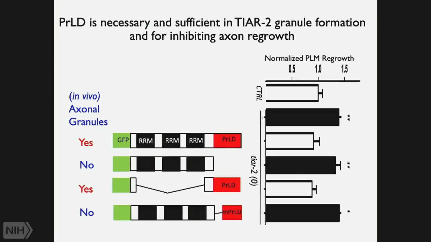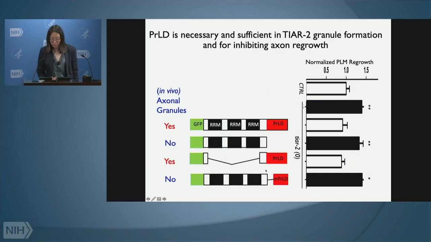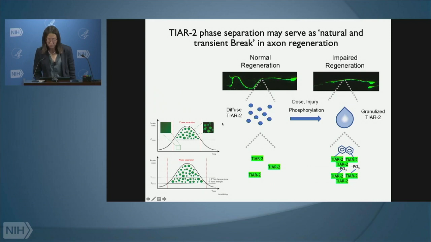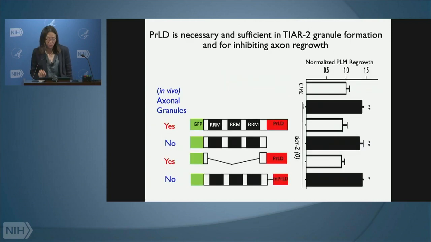Then Matt decided to address the mechanism: what drives this TIAR-2 behavior. This basically summarizes his two years' work, expressing GFP-tagged TIAR-2 in vivo in a very nicely concentration-controlled way, and then taking out each domain and purifying the proteins to assay their in vitro droplet behaviors, as well as whether they form axonal granules in vivo or not.